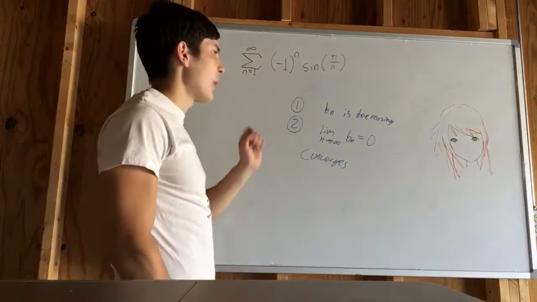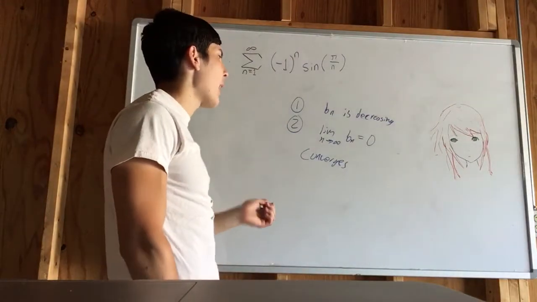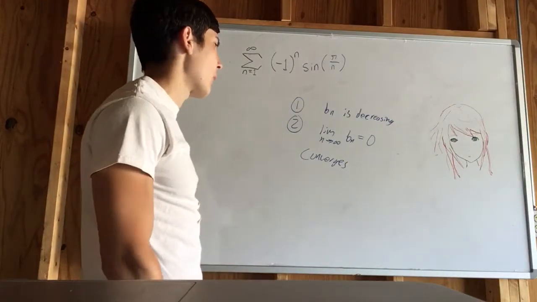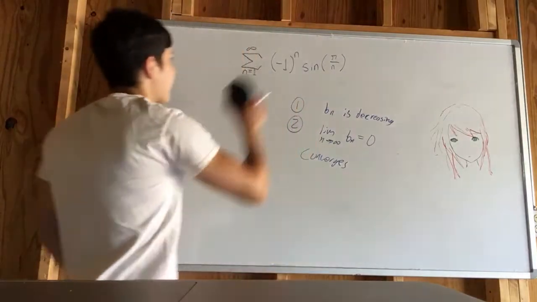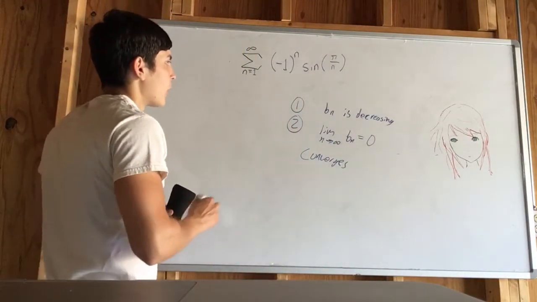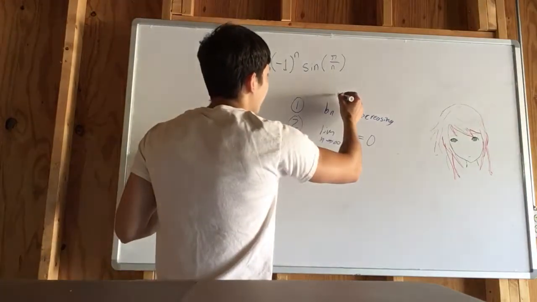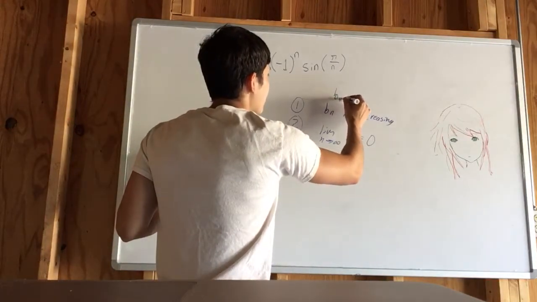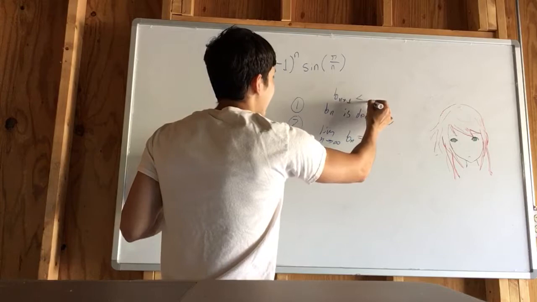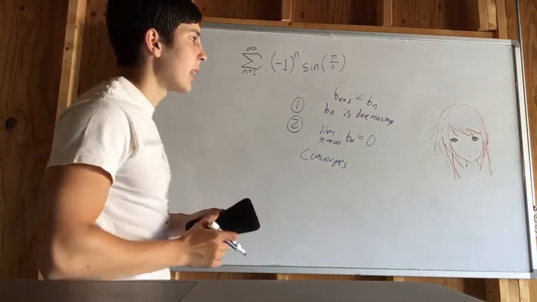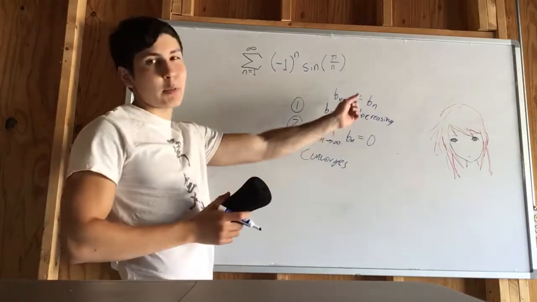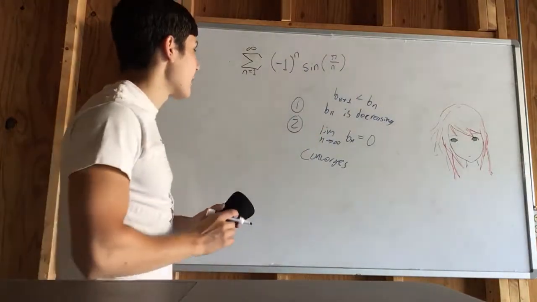So for the first one, we have to show that it's decreasing, no matter how you show that it's decreasing. With ours, we could do the first style, which is to have b sub n plus 1 less than b sub n. So let's check if it is indeed less than b sub n, because that would show that it's decreasing.